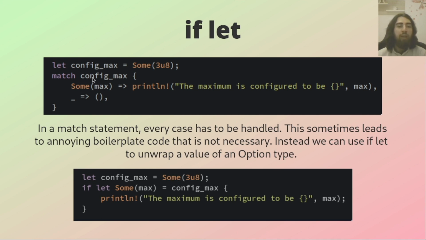So we don't have to consider the case where it holds a None value. And as you can see, this is how we would destructure this value into the variable max. We use the if let keyword and then the pattern. So if config max holds a Some, then the value will get destructured.